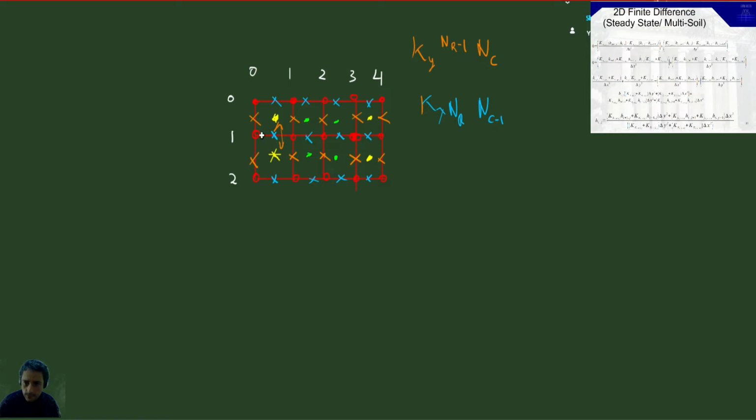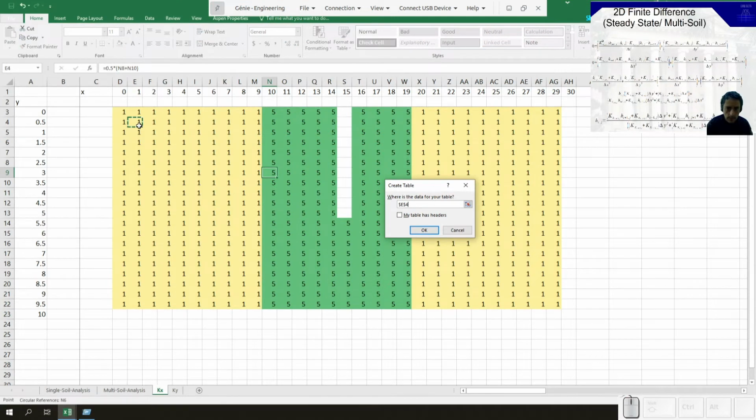Okay, so here we make sure that we are the average of the vertical neighbors.